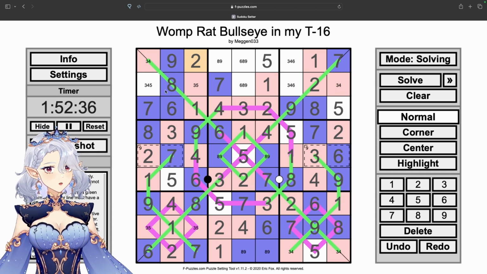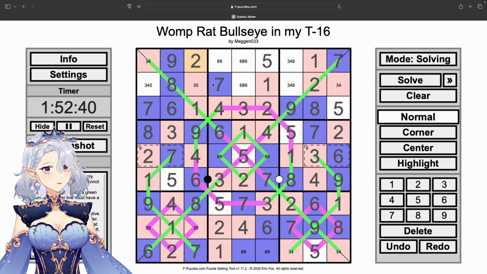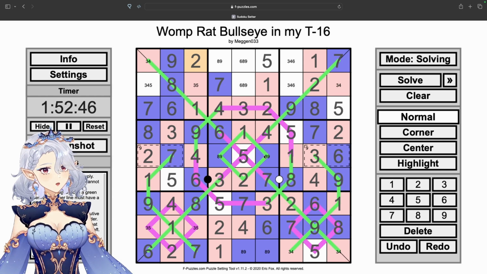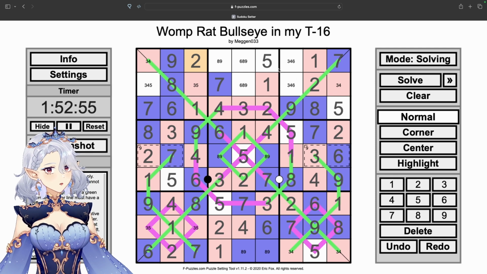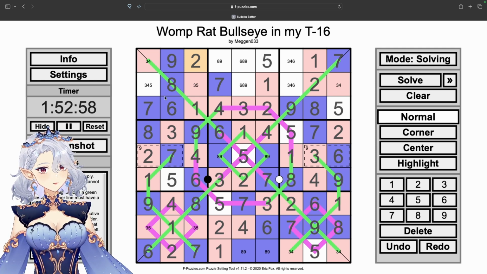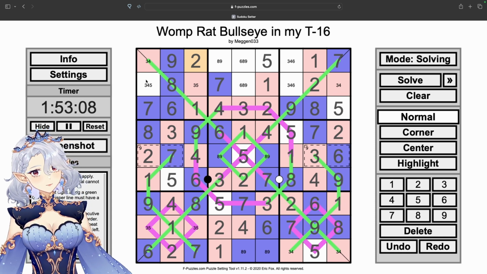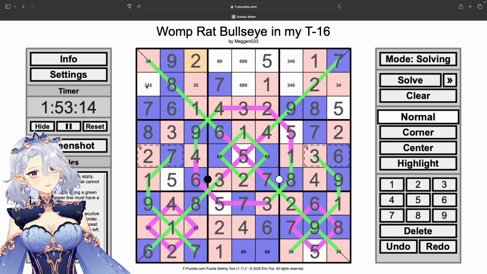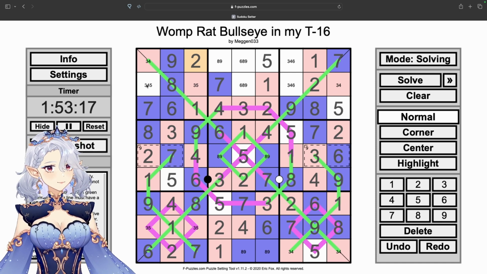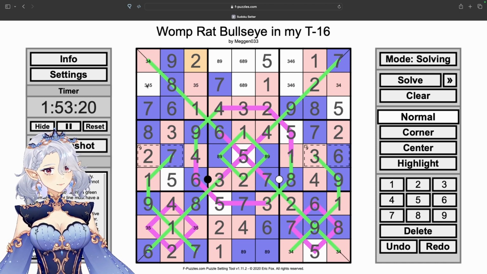Where else are mistakes? Three and 4 and 6. 6 here. 6 is down here. These two. 3, 4, 5 still works. Oh no. I'm not seeing it right now.